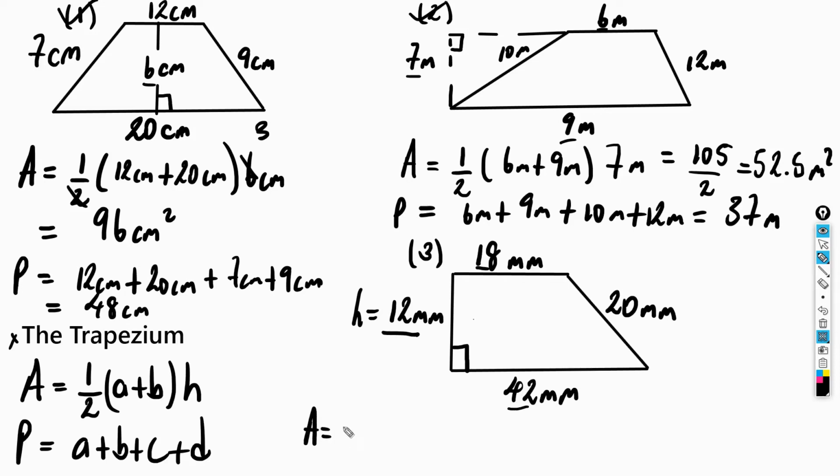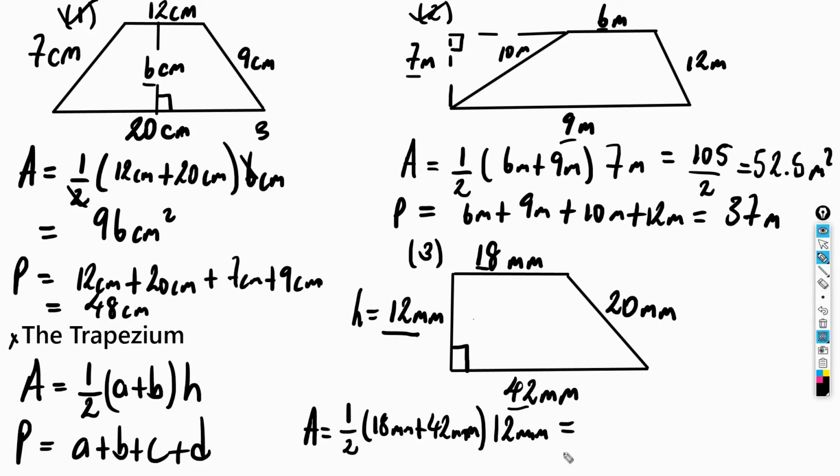The area should be equal to a half multiplied by A plus B, which is 18 millimeters plus 42 millimeters, right? Multiplied by H, which is the perpendicular height, 12 millimeters. Cool.